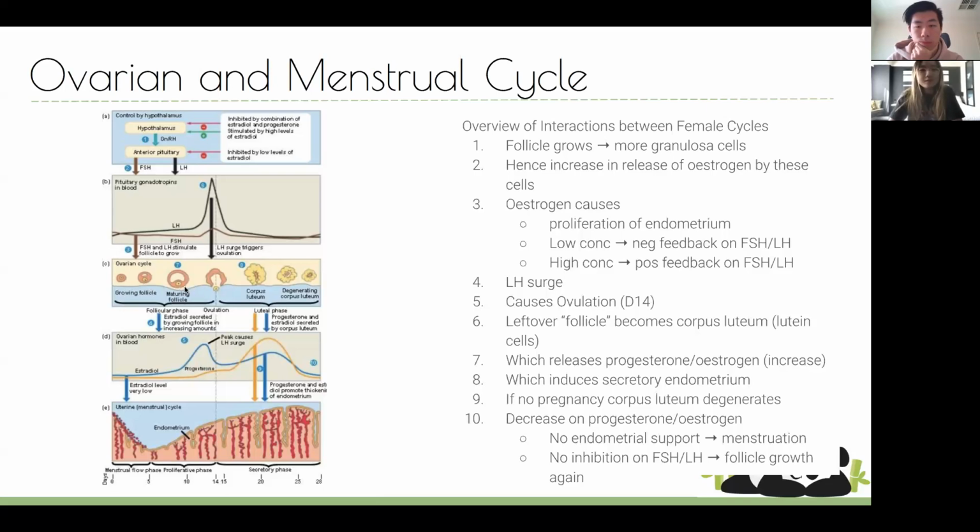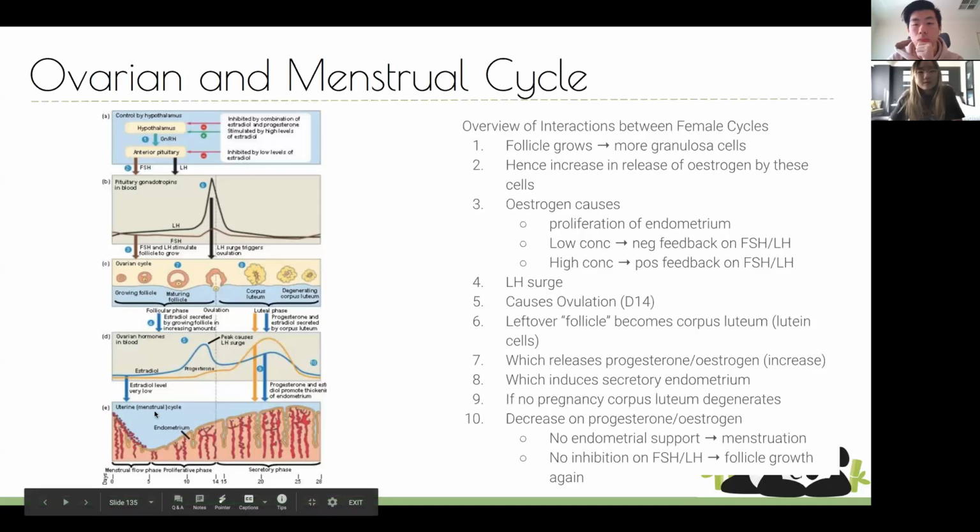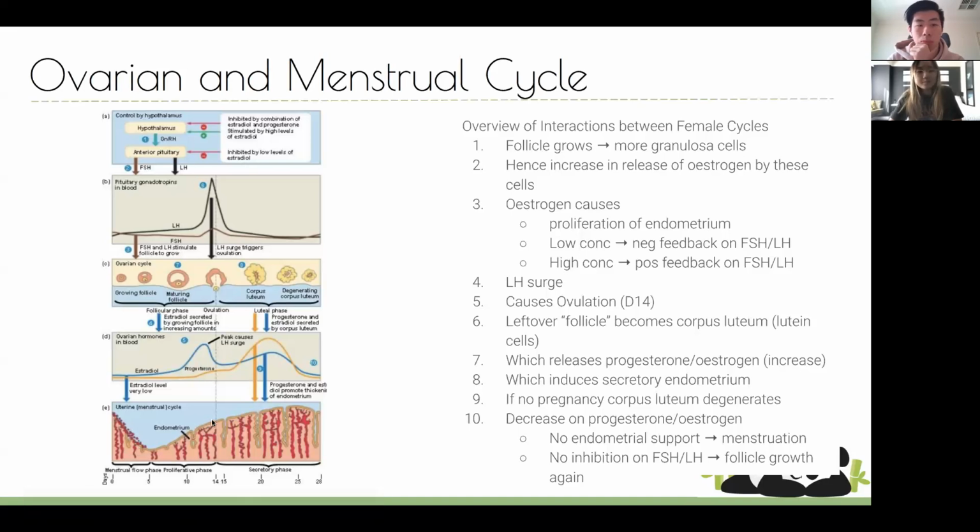These granulosa cells produce estrogen, so you're going to see an increase in estradiol, another name for estrogen. It works on your endometrium. We'll ignore the period part for now, but it essentially causes the proliferative phase of the menstrual cycle, where the lining builds up over time.